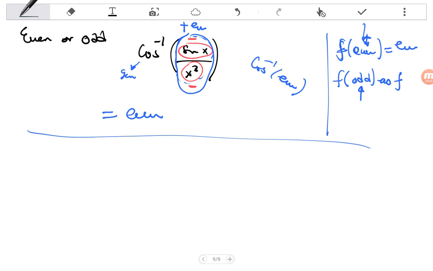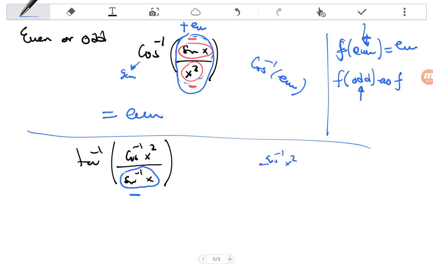What about this function? Tan inverse of cosine inverse x squared over sine inverse x. Again, this sine inverse is just an odd function. What about cosine inverse x squared?